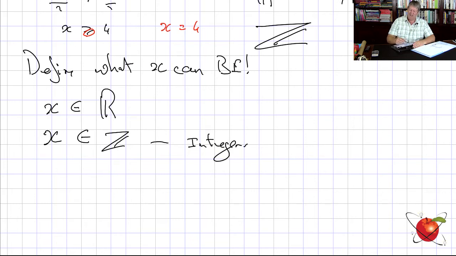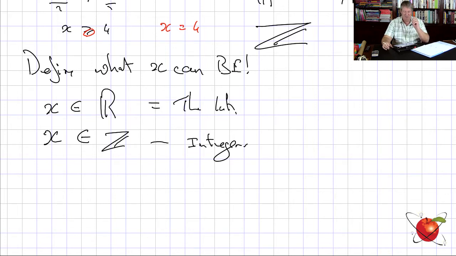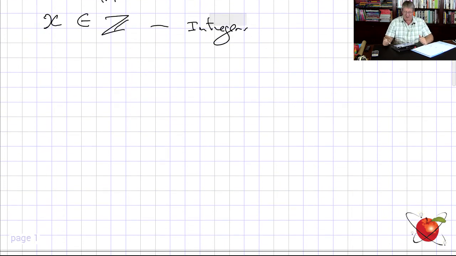The integers, and that's the lot. That's all the numbers, apart from the imaginary numbers, which we're not going to deal with. In AP Maths, we deal with that. Here, we don't. So let's say, now, how do we portray our answer?